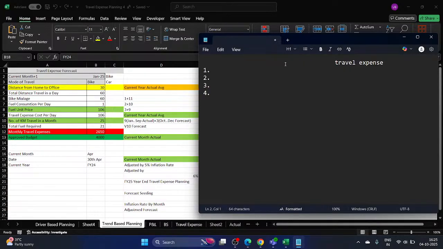Travel expense planning. In the travel expense planning topic we have covered driver based and trend based.